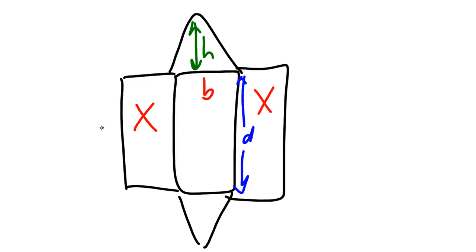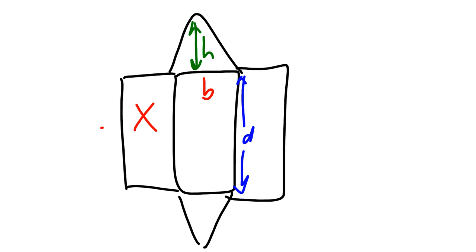If you're doing a Toblerone bar, chances are you've got an isosceles triangle up here, because keep in mind this is your base, and then your height would be here, and then your depth would be this part here. So chances are you've got an isosceles triangle. That means these two rectangles that I just marked with an X are probably the same size. And then this rectangle in the middle is probably a different size. So that's something to keep in mind.